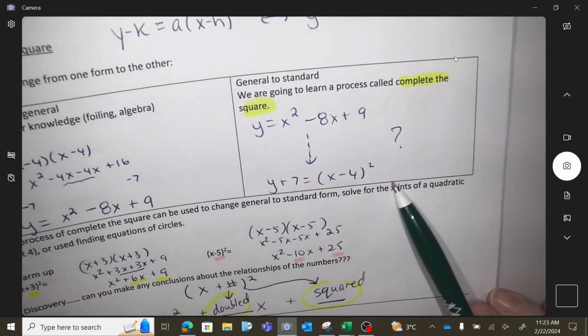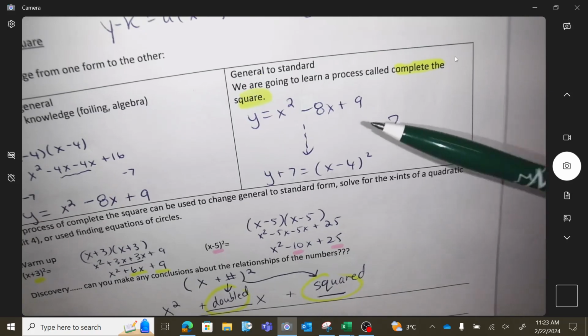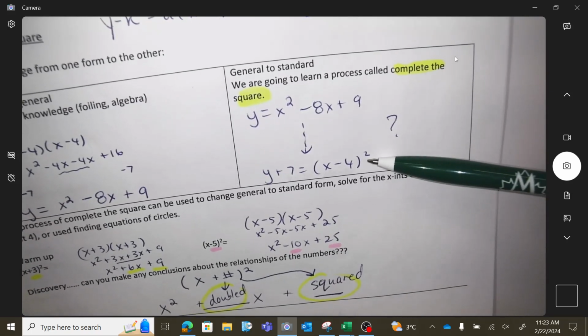We are ready to figure out this, complete the square. We're going to go from here to here. This is our goal, to get from that to that.